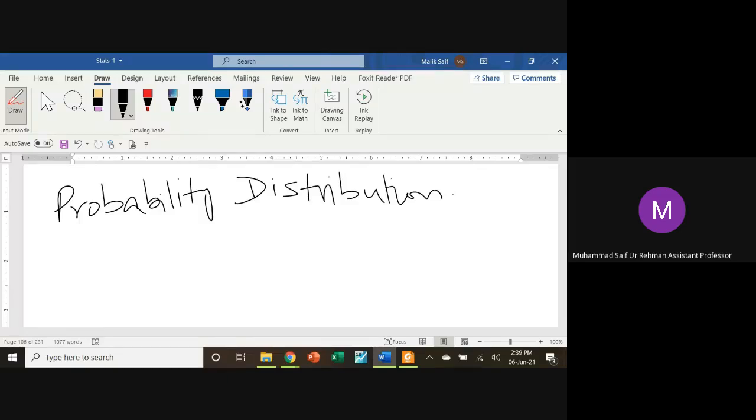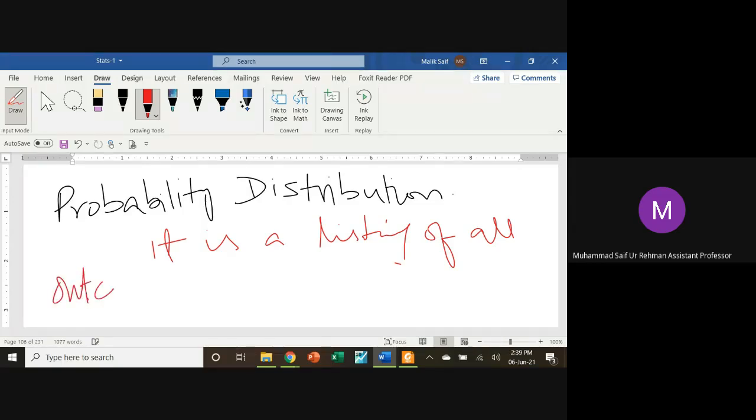Basically, it is a listing of all outcomes. Let me write down over here. It is a listing of all outcomes of an experiment.